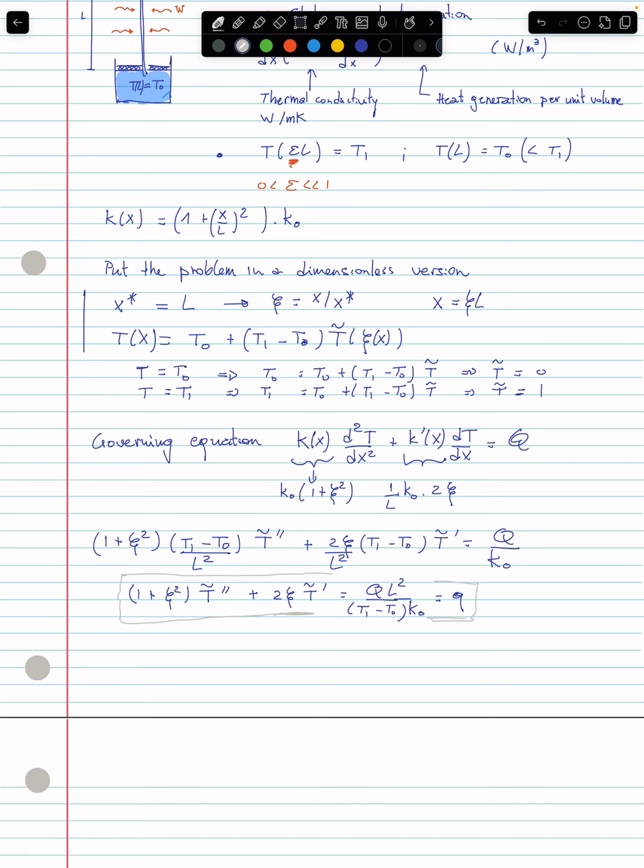Is equal to q, and it comes with two boundary conditions, which are t tilde of epsilon is equal to t1, that is 1, and t tilde of 1 is equal to 0.